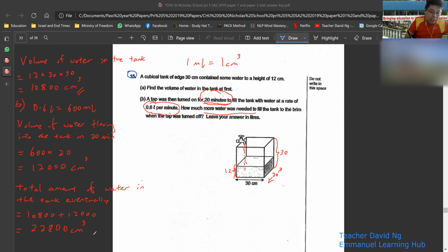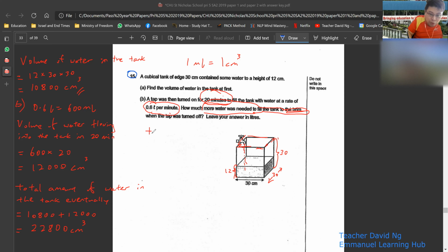Okay, the question is not asking for the total amount of water in a tank eventually. The question is asking how much water is needed to fill the tank to the brim? How do you understand the question? Yes. So you need to find out, fill to the brim, how much water would that be? Correct? Yes.